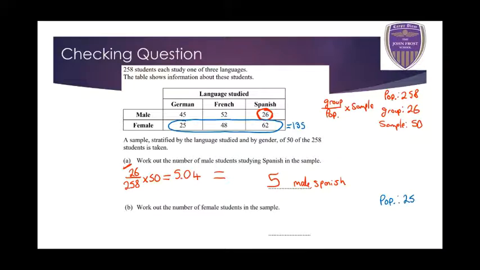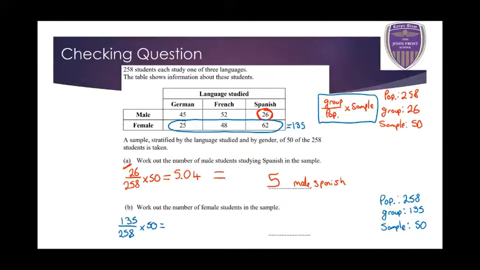The population is 258. The group will be the number of girls, and there's 135 girls. And the sample, once again, is that stratified sample of 50. We've got our formula, group divided by population times sample. So this time it's 135 divided by 258 times 50.